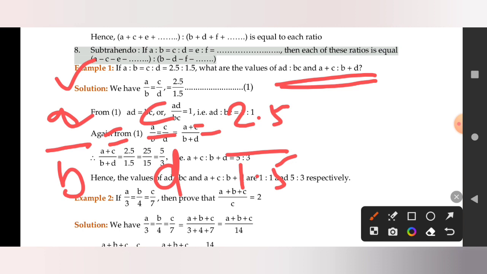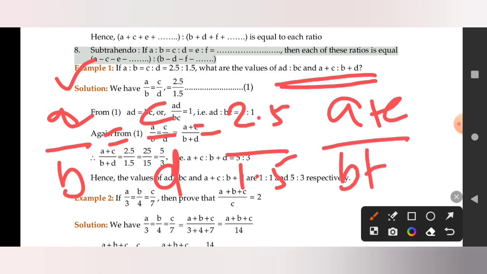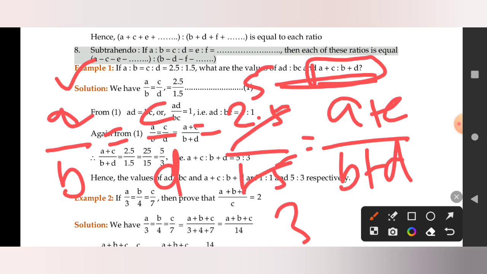So when you add the numerators, A plus C and B plus D, all these are equal to each other. So this is addendo. So the second part, A plus C is to B plus D, is 2.5 is to 1.5. If you remove the decimals, you get 5 is to 3, right?